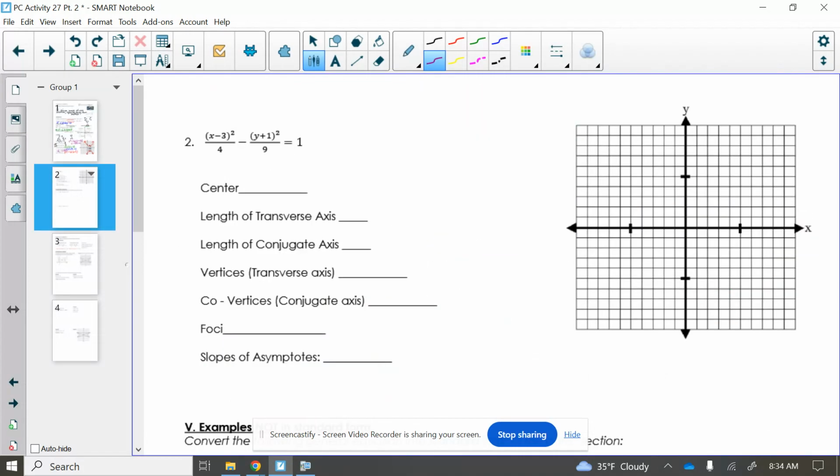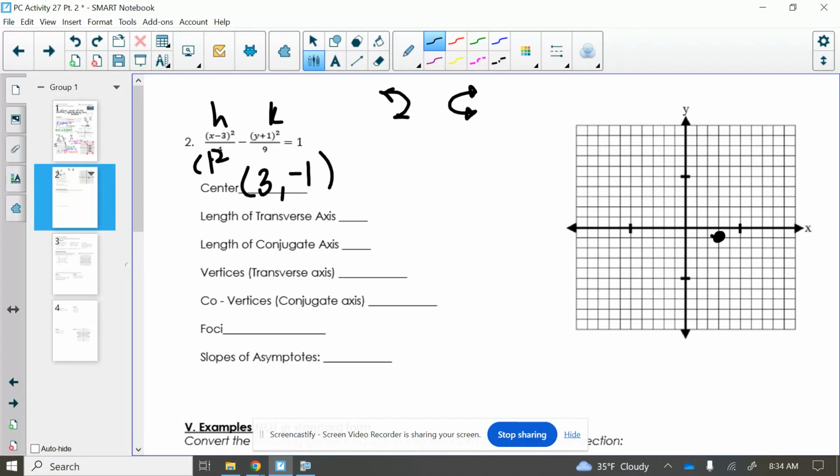All right, next example then is asking us to, again, find the different pieces. This time we're going to end up with a horizontal hyperbola whose center is, again, at 3, -1. So it's going to be opening horizontally because the x's are there. Our a value is going to be, again, underneath the beginning term.